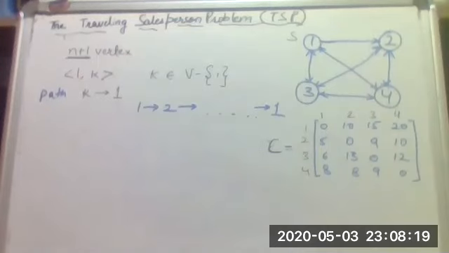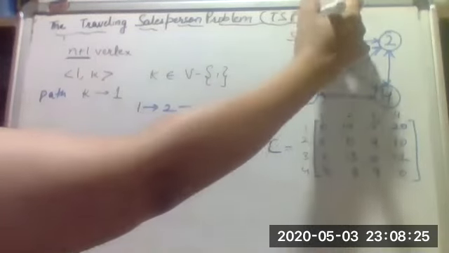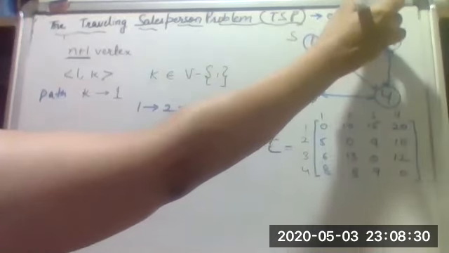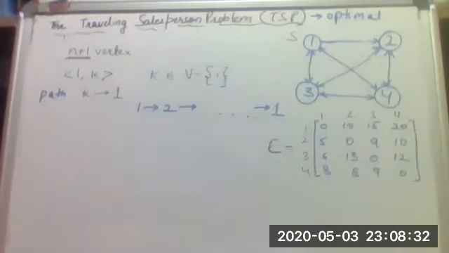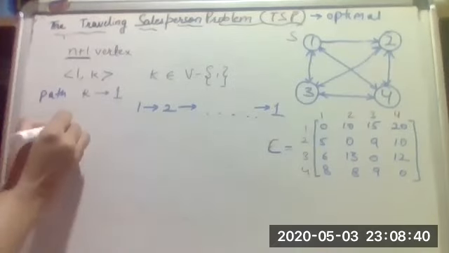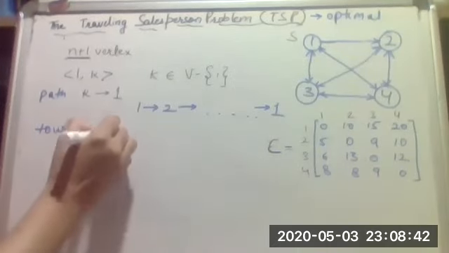So a particular tour is said to be optimal. In the traveling salesperson problem, we are actually solving for the optimal case. This particular problem is going to give you an optimal solution when we say that this tour is optimal.